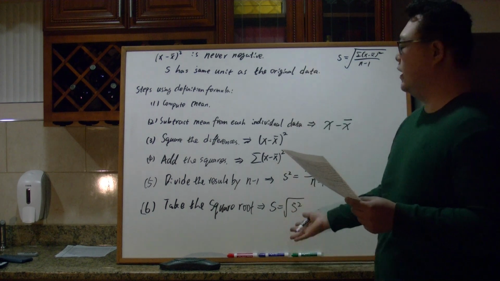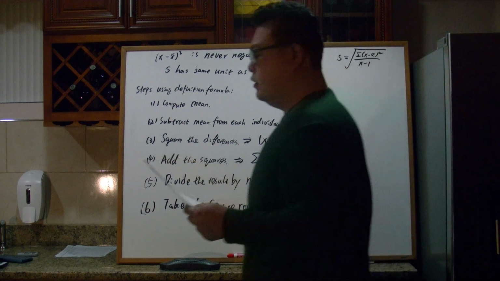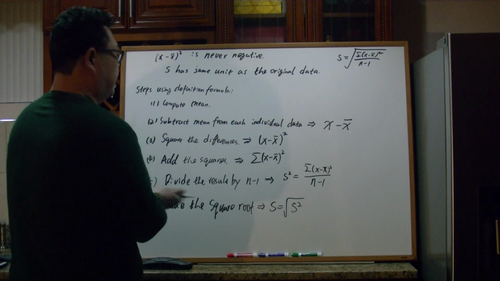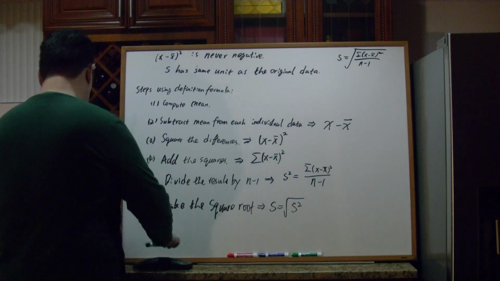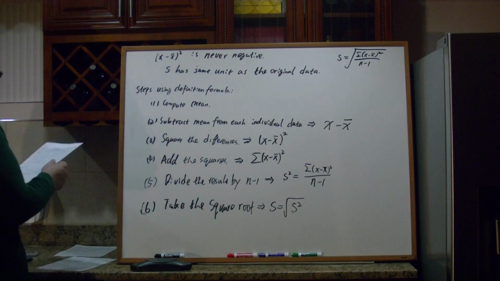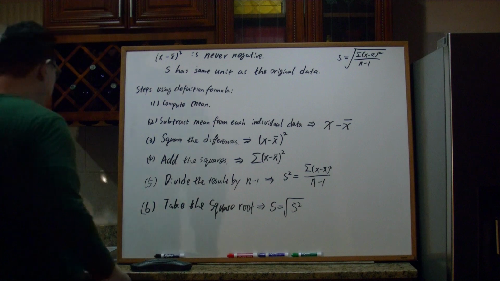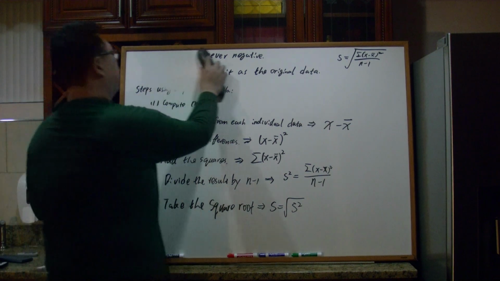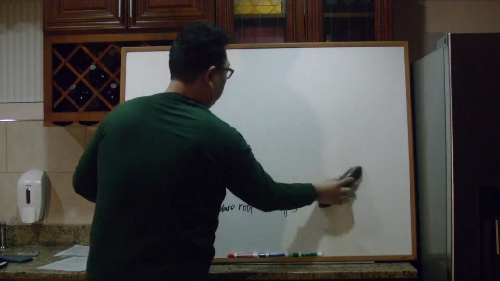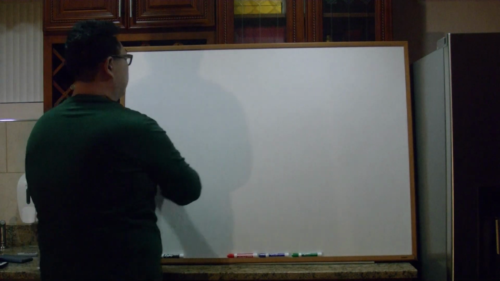Those steps are what we do to find the variance and the standard deviation using our first formula. And what we need to make sure of, after we compute it, is that the numerator should never be negative.